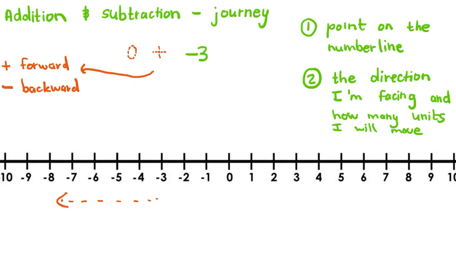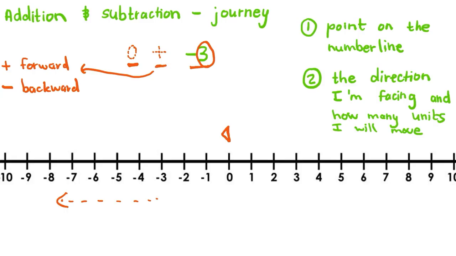All right, so my first number is 0, which says that 0 is my starting point. Then I need to look at the second integer because the second integer is determining which way I'm facing before I move. Now it's negative, so it means I am facing the negative side. I know I'm going to move 3 steps, but I don't know if I'm moving forwards or backwards.